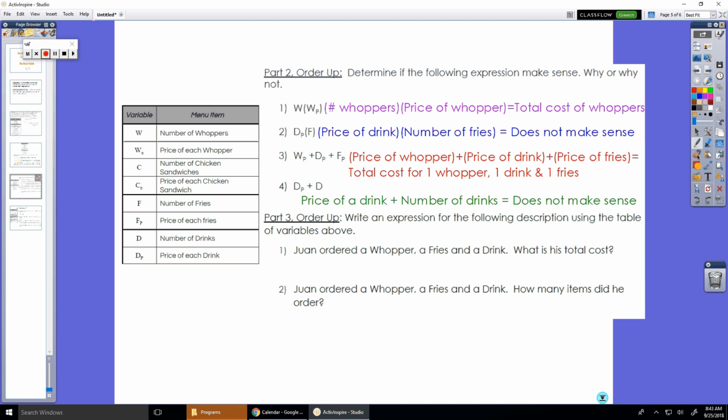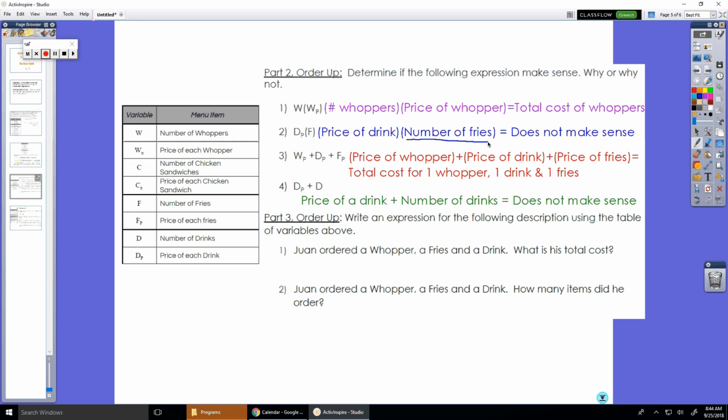So number 1 is the one we did together. Number 2, you're multiplying the price of a drink with the number of fries. And this doesn't make sense because when you multiply the number by the price, you do get a total cost, but in this case, you're not multiplying your fries by the cost of fries, if that makes sense. Okay? So that's the reason number 2 doesn't make sense.